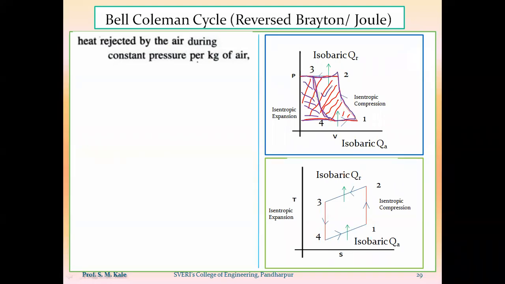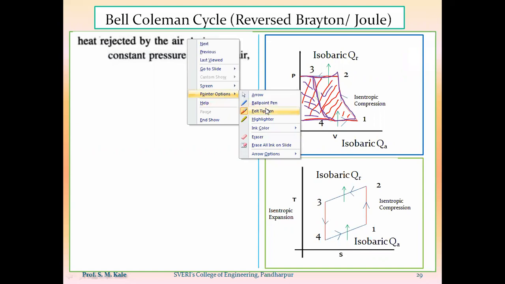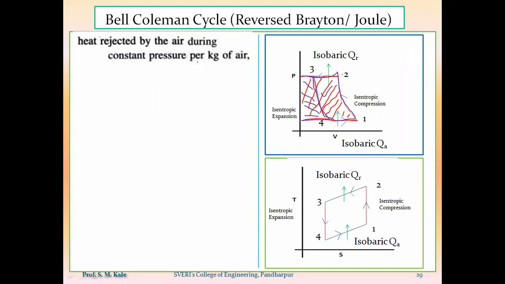So how have we calculated the work done during the compression process? We have calculated that work done W is equal to n upon n minus 1, P2 V2 minus P1 V1. And work obtained during the expansion process is calculated by using the formula n upon n minus 1, P3 V3 minus P4 V4.